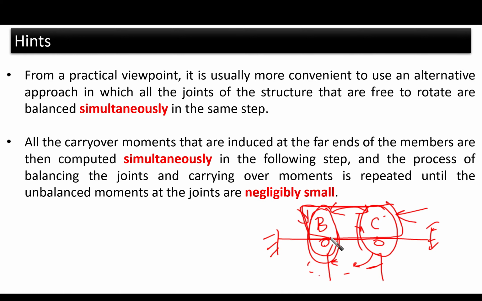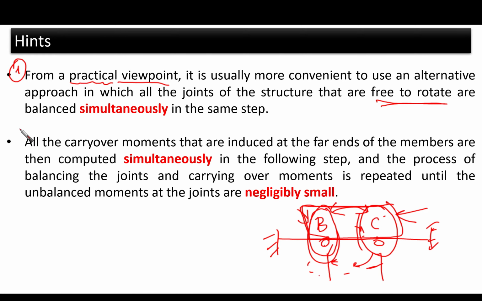We are going to treat the joints of the structure that are free to rotate so that they are balanced simultaneously in the same step. Okay, so that's the main important understanding for the first hint here, which is what we call the practical implementation of the moment distribution method.